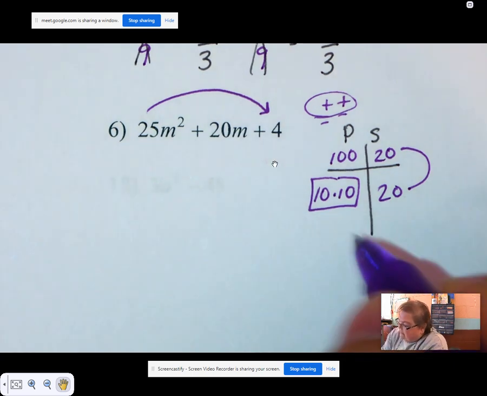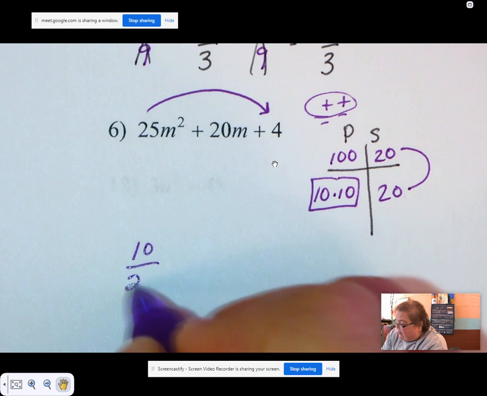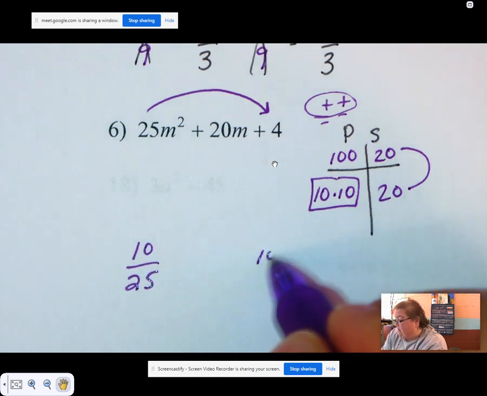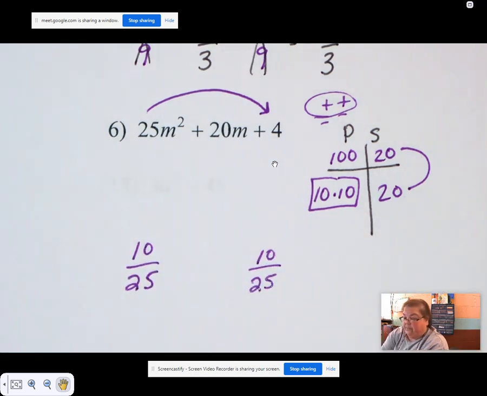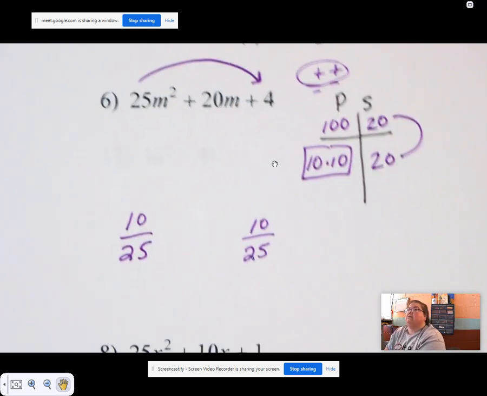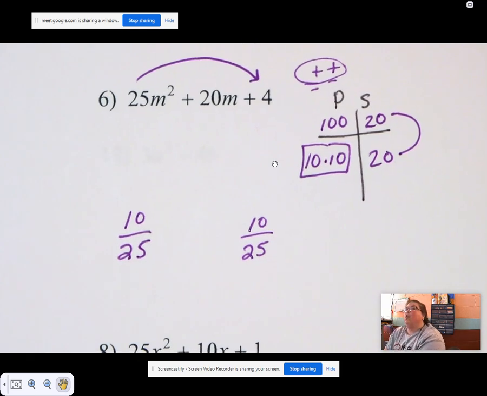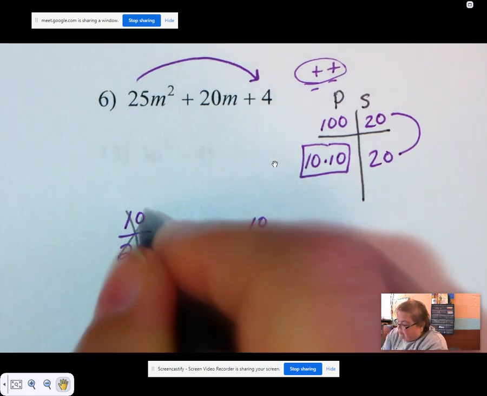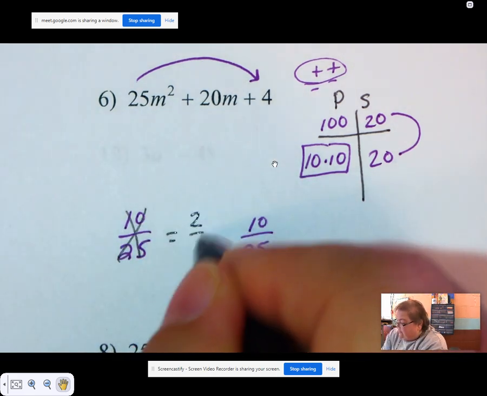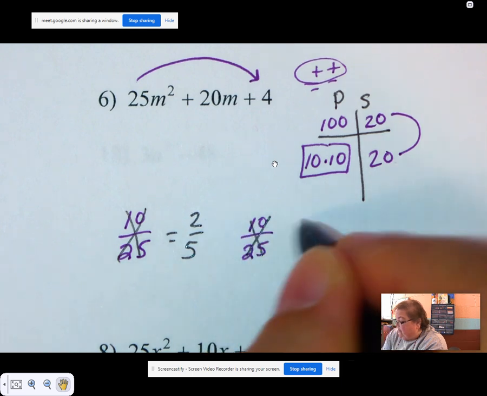Here we go. 10 over 25. 10 over 25. What does 10 over 25 reduce to? 2/5. Both of them.